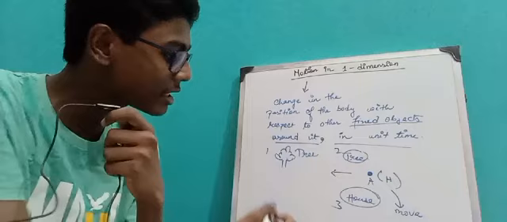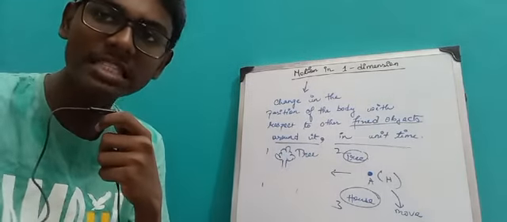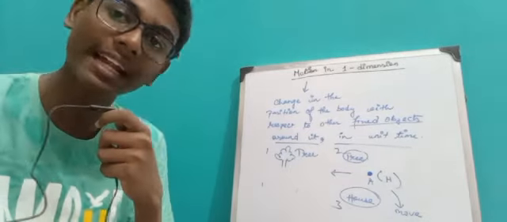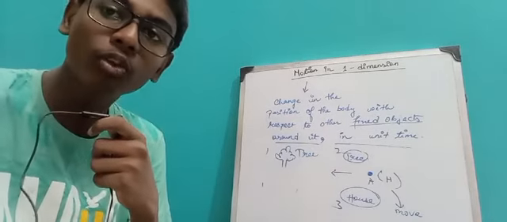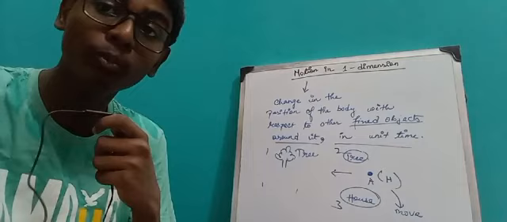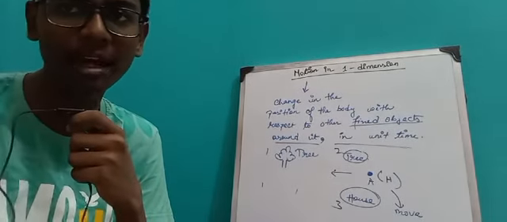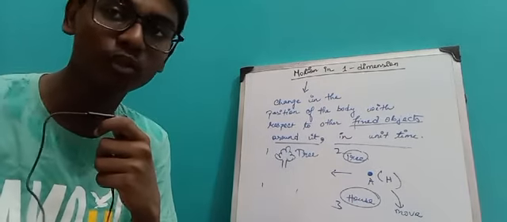Locomotion means, suppose a body is changing its position. Like if I'm just sitting at a place and I'm moving my head, I'm moving my hand, that is movement. But suppose I've got up from here and I've gone and sat at another place, that is locomotion, because my position is changed. But if I'm just moving my hand, I'm moving my head, I'm speaking, there's a movement in my body, so that is just movement.